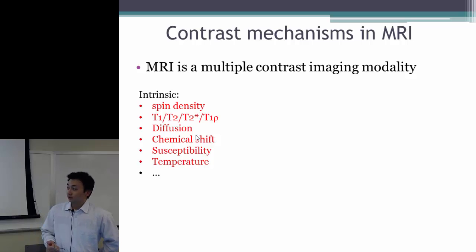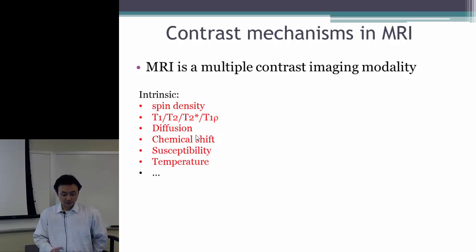So diffusion can also be quantified. The result is the diffusion coefficient, which describes how fast the water molecules can disperse within a certain given time. And also chemical shift, we can quantify how much the chemical shift is, and what the relative signal components are for each different tissue or molecule that has a different chemical shift. And also susceptibility, we will talk about it later.